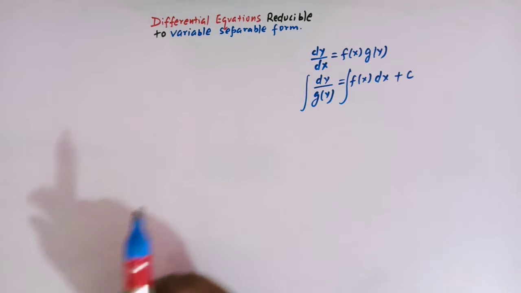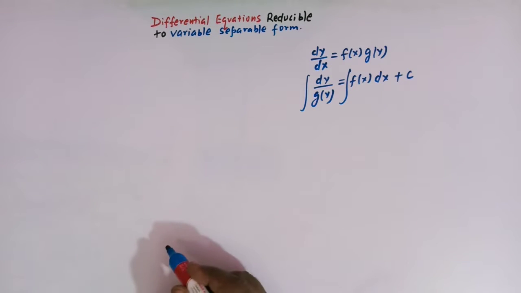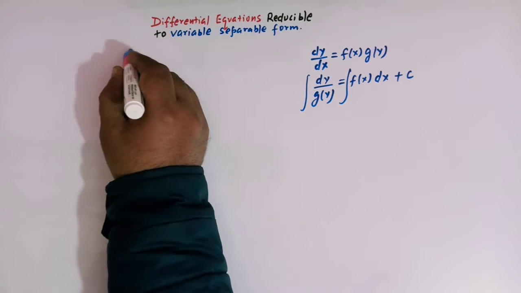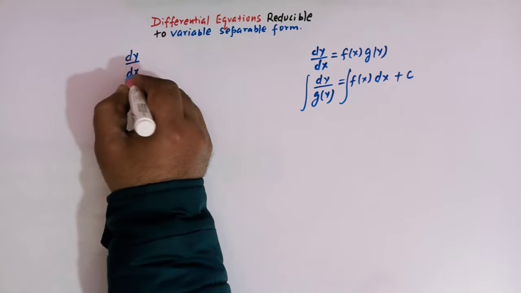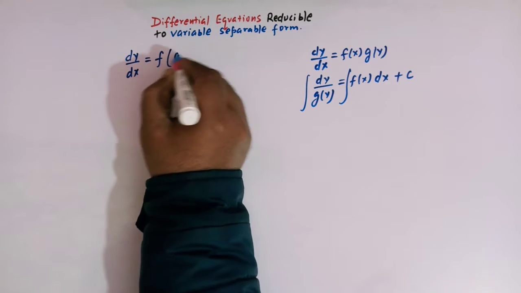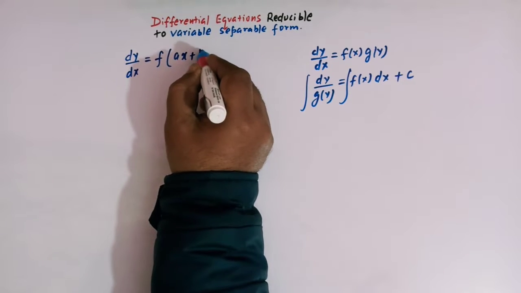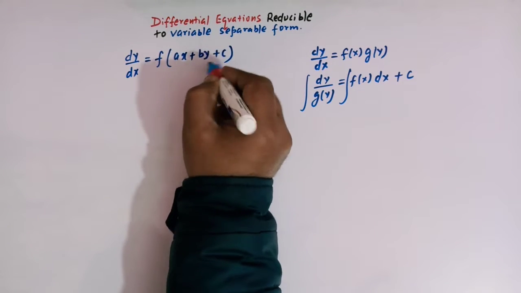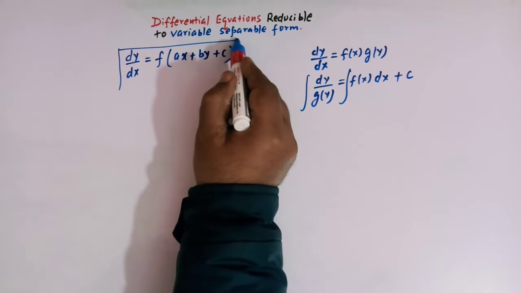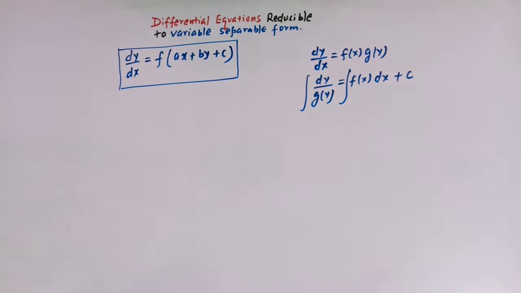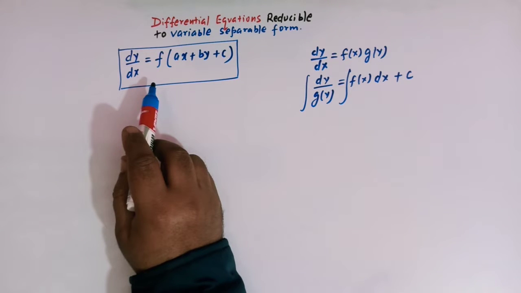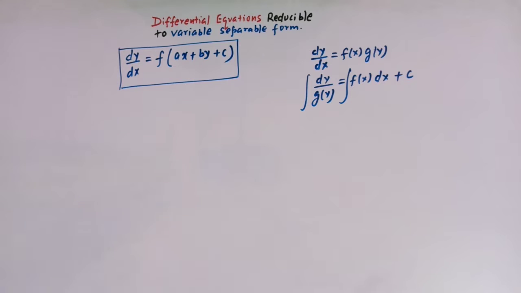But in this lecture we are going to solve equations of this type, that is dy over dx is equal to a function f of ax plus by plus c. So how can we solve these types of differential equations? Let us start.